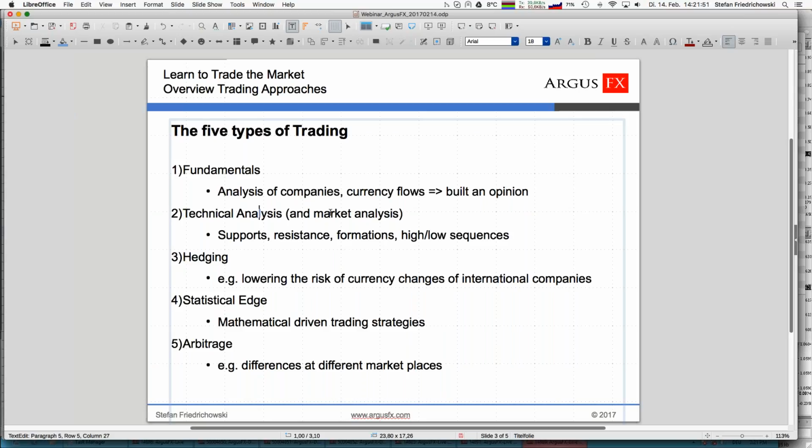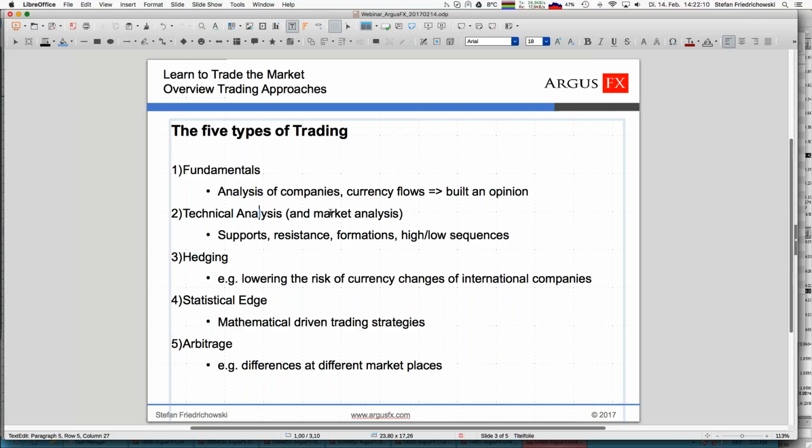There are lots of formations you may find in the chart, and you find a lot of literature about that topic as well.